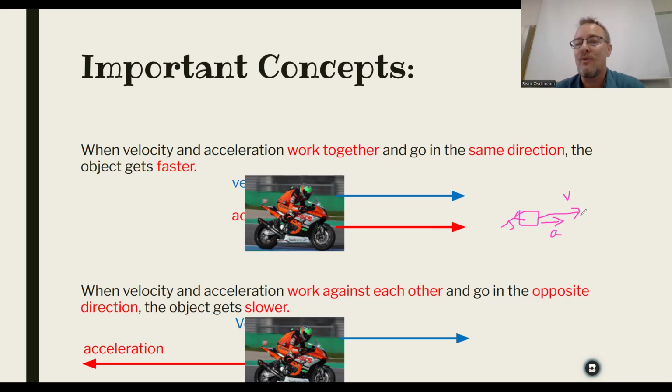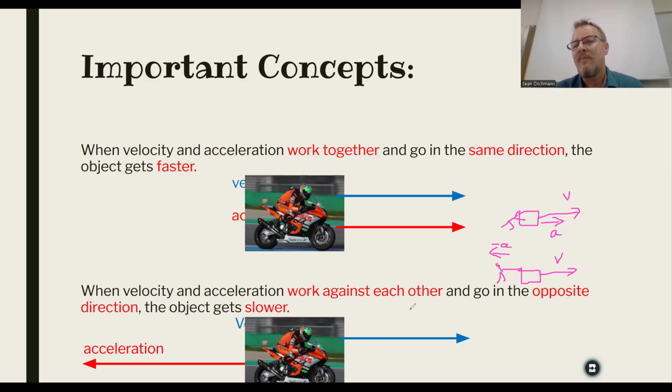Now the box is going to move faster. If this box is moving in this direction, and then suddenly I start pulling in the opposite direction, so I'll say here's a string on the box, and I'm pulling it in this direction, then I give it acceleration to the left, that would be the negative direction, and the box will get slower.